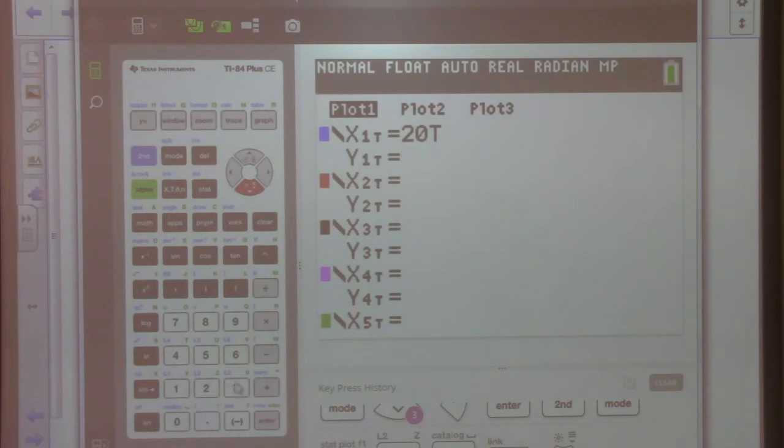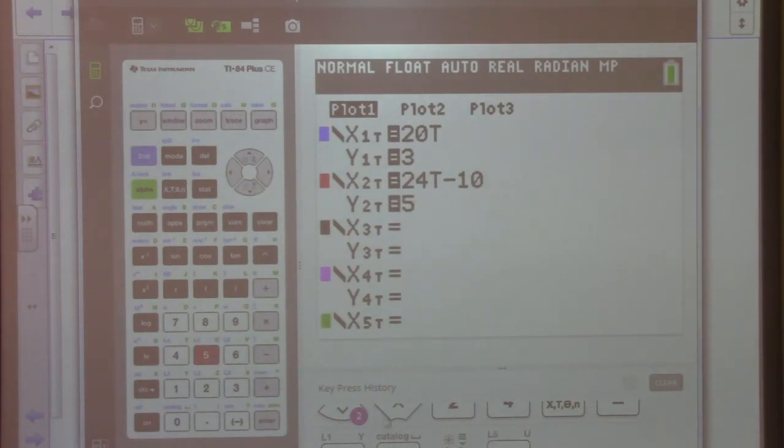Would we not put in the x2? Was it 24 minus 10t, or is it 24t minus 10? 24t minus 10. Okay, thank you. And we go to 5 like this.